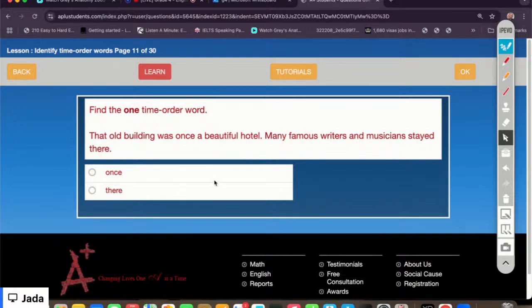The old building was once a beautiful hotel. Many famous writers and musicians stayed there.